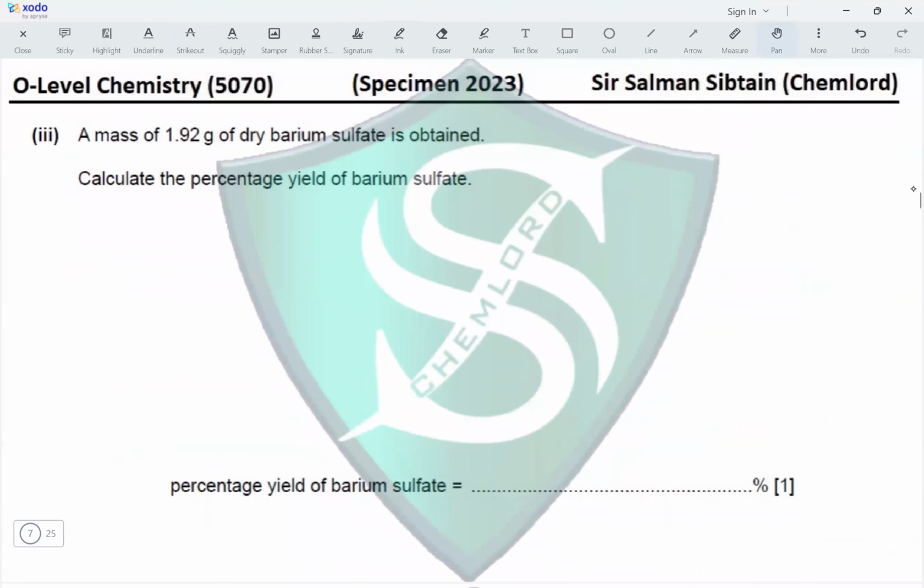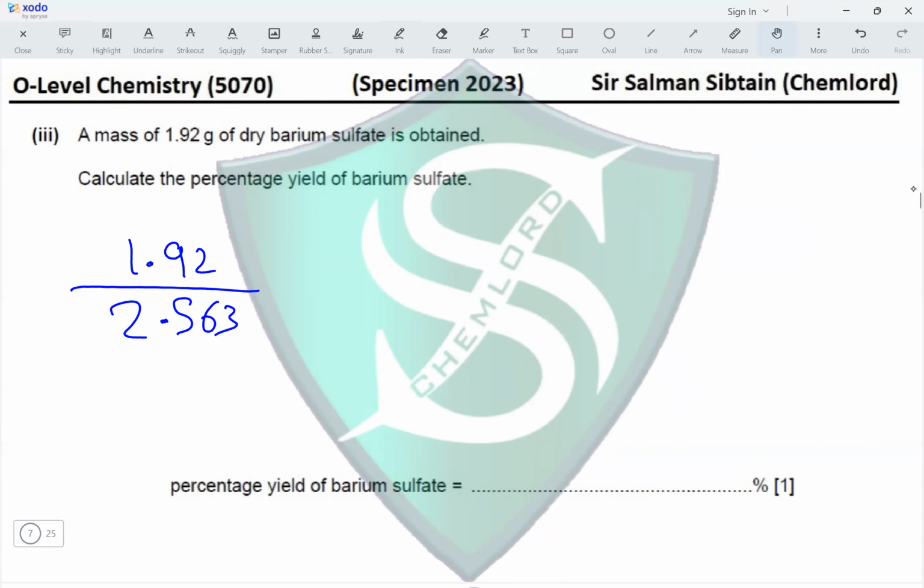Next, a mass of 1.92 grams of dry barium sulfate is obtained. Calculate the percentage yield of barium sulfate. So we just found out that 2.563 grams of barium sulfate are produced, whereas this part states that only 1.92 grams of dry barium sulfate was obtained. They're asking us to calculate the percentage yield.